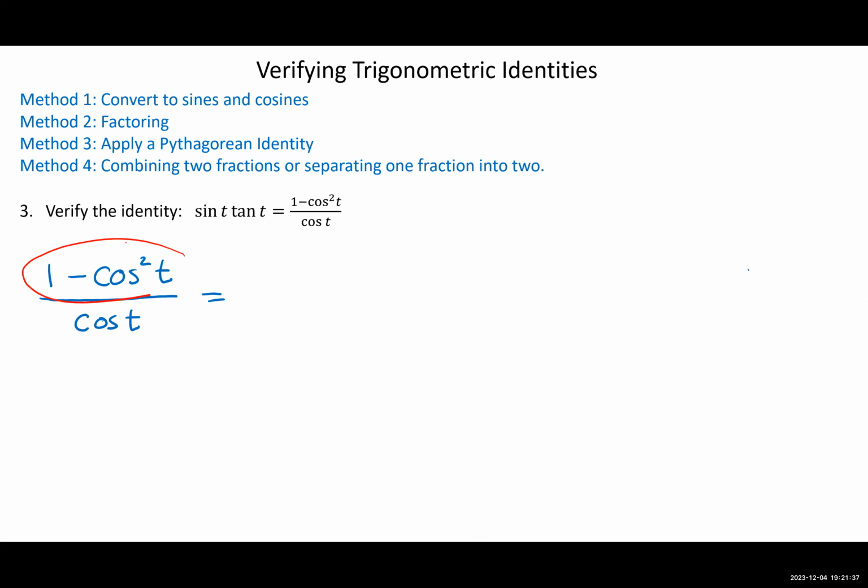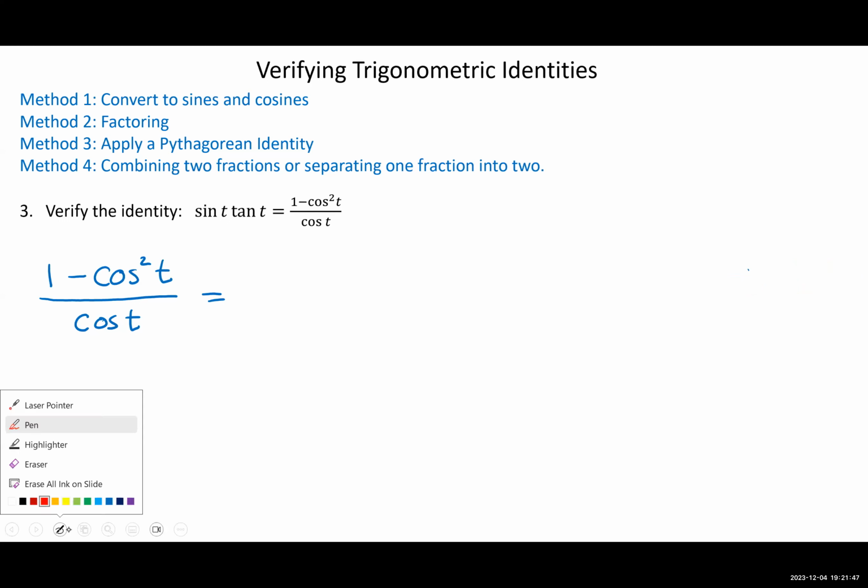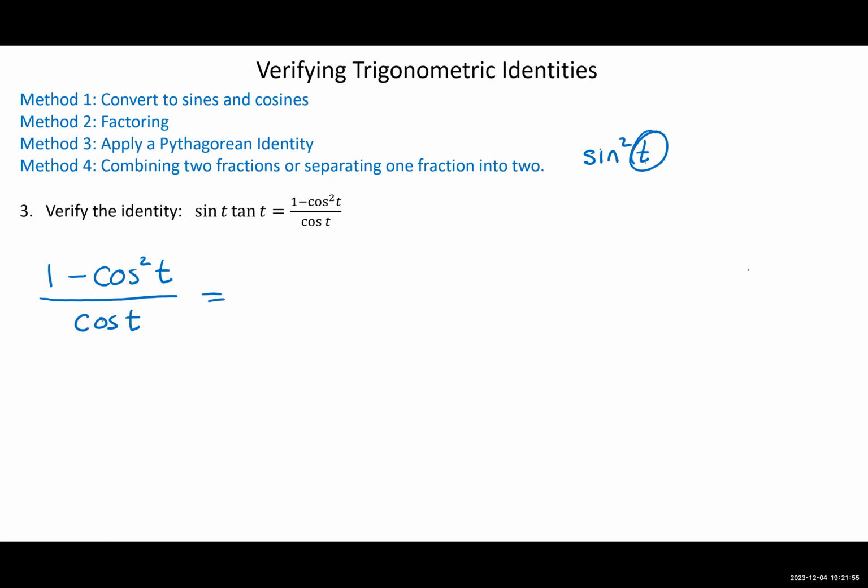Well, the first thing I see is that's looking just like a Pythagorean identity situation. So let's bring that guy back into the mix. Sine squared of t. Now the variable could be whatever you're using. If it's an x or a t or a theta or an alpha, that's your variable.